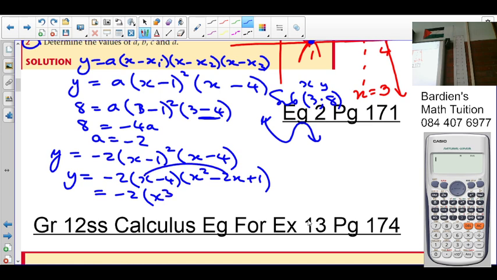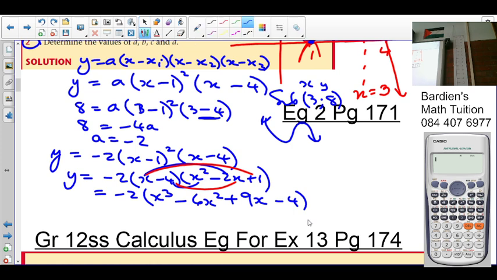That is going to give you negative 2x squared minus 4x squared. It's minus 6x squared. Okay? So it's going to be x times 1 is x plus 8x is going to give you an answer of 9x. Is that correct? So it's 8x plus x is 9x minus 4.